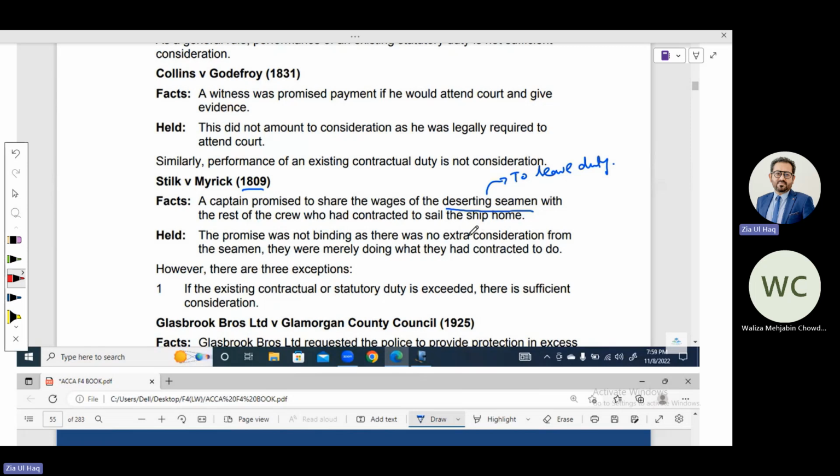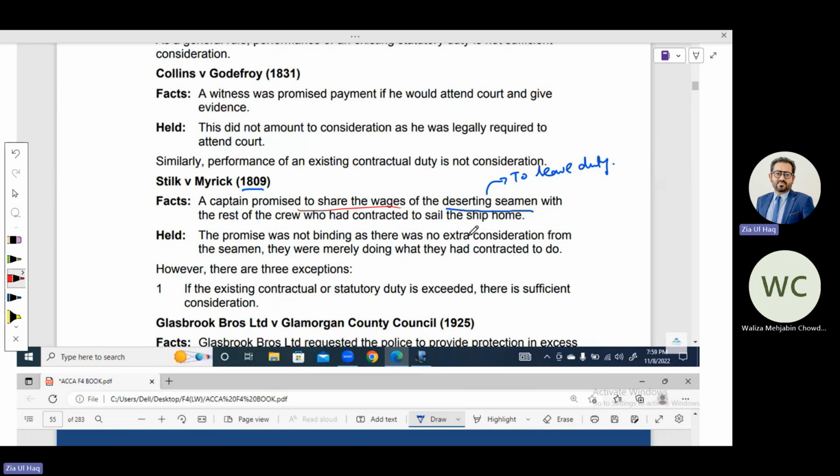During half of the way, the other persons tried to leave the ship. But the captain asked them, okay, if you help me to move the ship to the final destination, I will share my wages with you, half of the wages. So they stayed with the captain on the ship, meaning they didn't leave the ship.